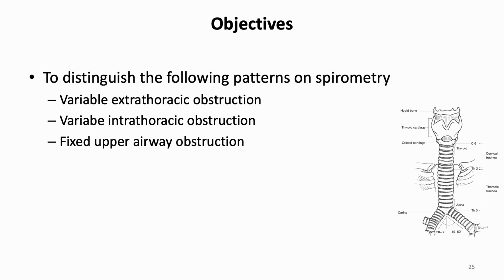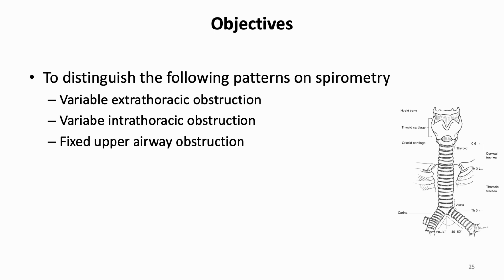Furthermore, they may be extrathoracic, so that means that they're placed in the larynx or the part of the trachea that's outside the chest cage, whereas intrathoracic obstructions are placed in the part of the trachea that's within the chest cage.